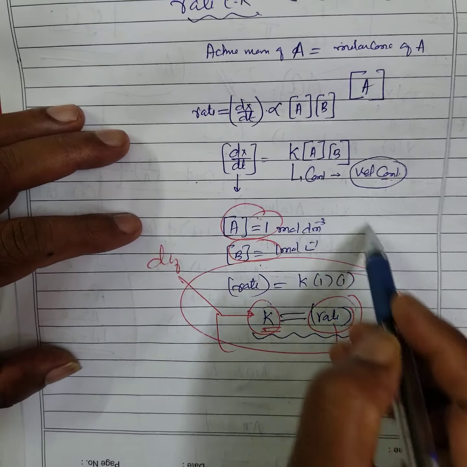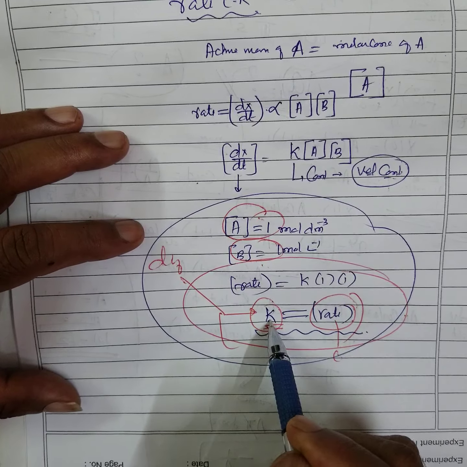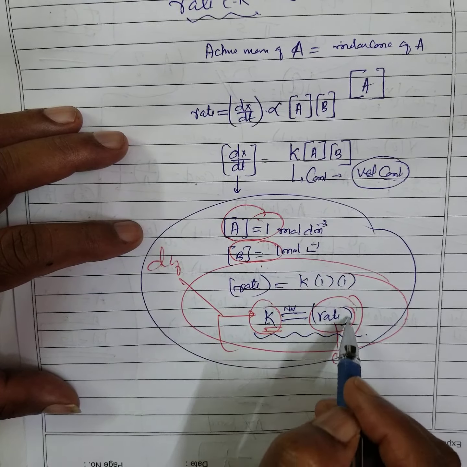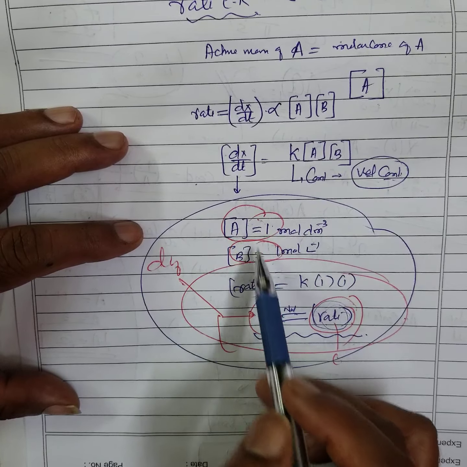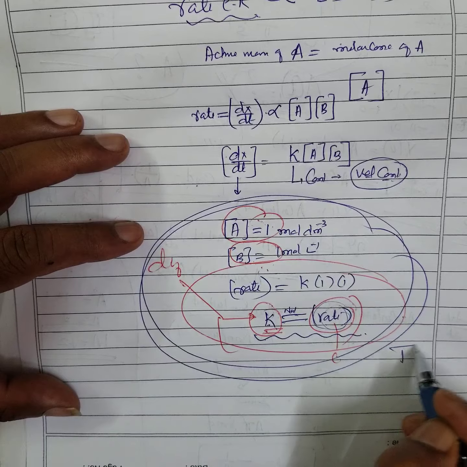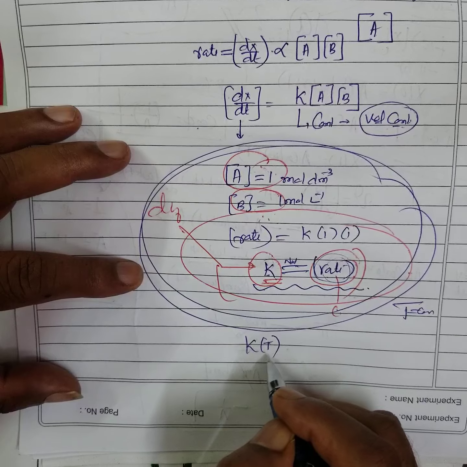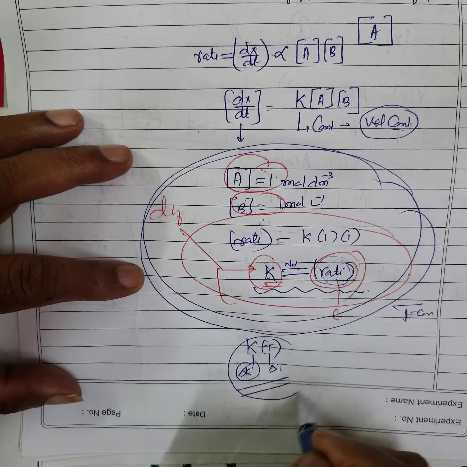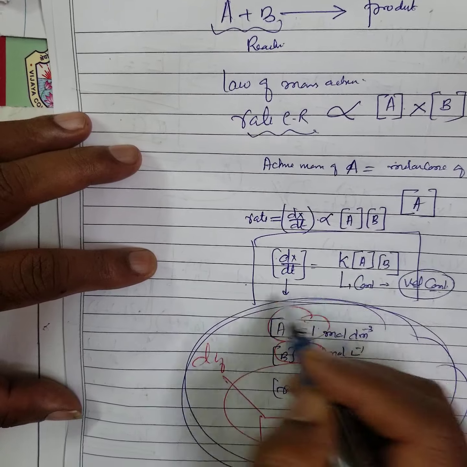Remember this definition: the rate constant of a chemical reaction is numerically equal to the speed of the reaction when the molar concentration of each reactant is taken as unity. You have to say this is at constant temperature. The rate constant is constant only at constant temperature. If the temperature changes, the rate constant also changes. This is the law of mass action.